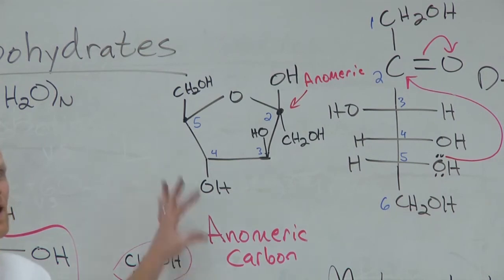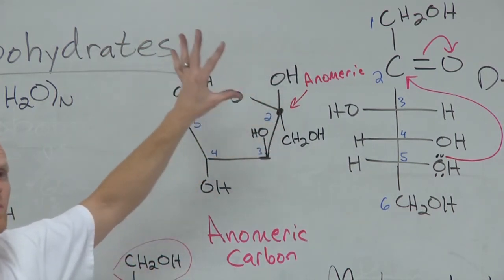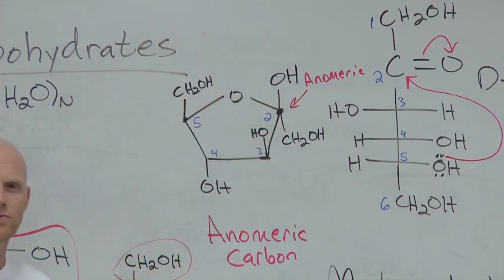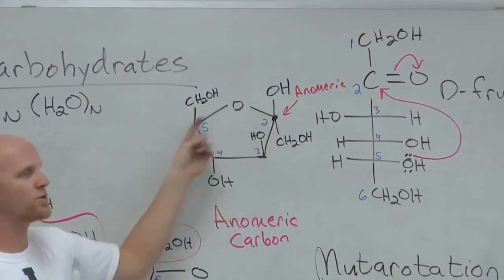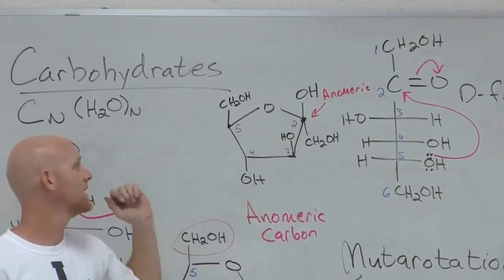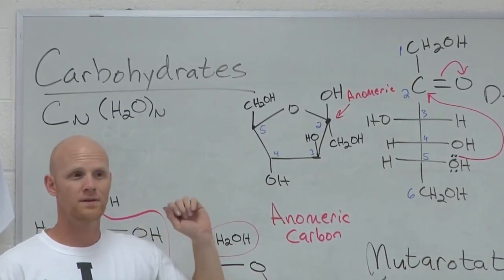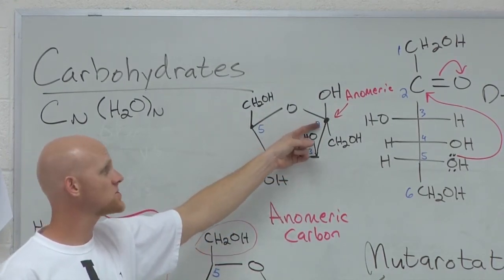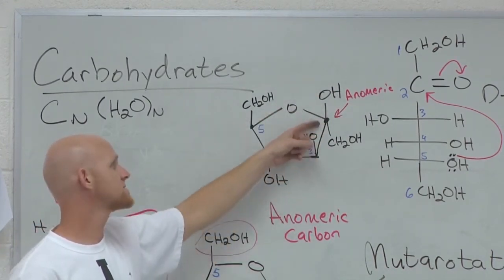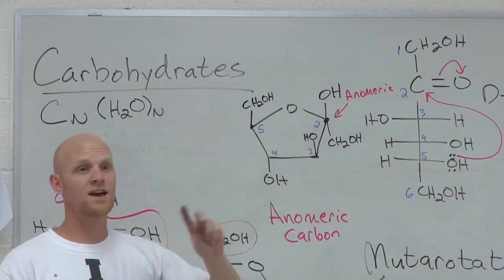In this case, if you were just given this structure and asked if it's alpha or beta, how would you find your anomeric carbon? Well, he's always next to the oxygen in the ring, but there are 2 carbons next to him in the ring. How do I know which one? The one that's bonded to 2 oxygens. One of them's an OR, one of them's an OH, that's a hemi.